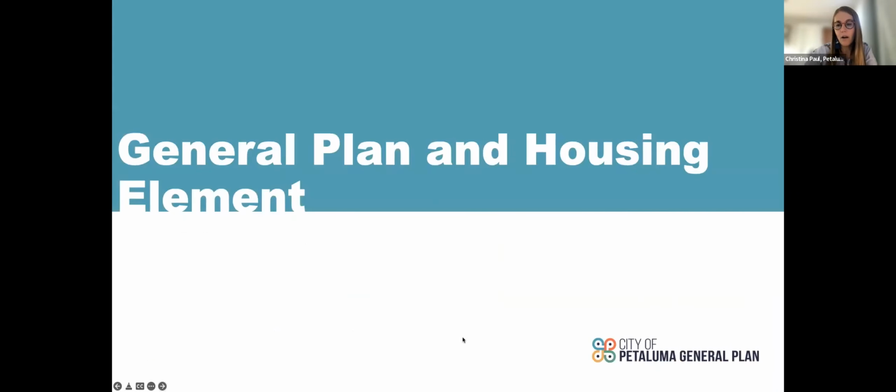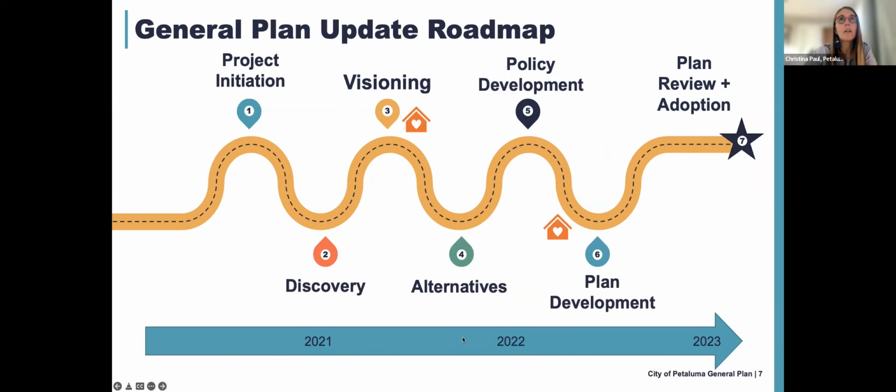So we are away. I will start diving into the presentation. The housing element that we are here to discuss tonight is part of the general plan, and we're going to get into more detail about what the housing element is specifically, but it's helpful to take a broad view of the general plan and the process that the city is going through right now.